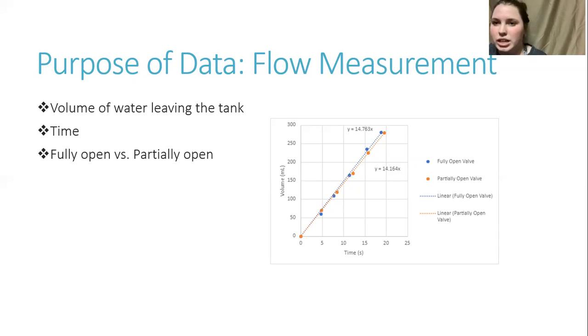And like Hannah said, we took the volume of the water leaving the tank and the time. If you graph that volume leaving against the time, you can get the graph shown to the right over there. And the slope of the two lines for the fully and partially open valves represents the flow rate for each of the valves.